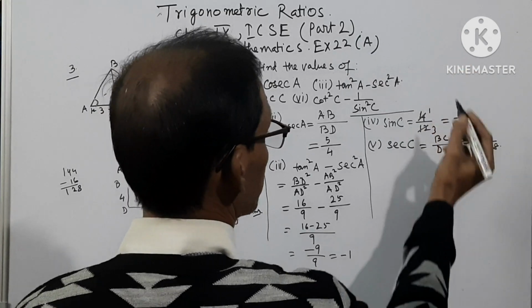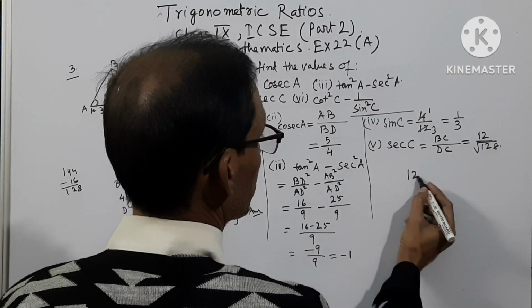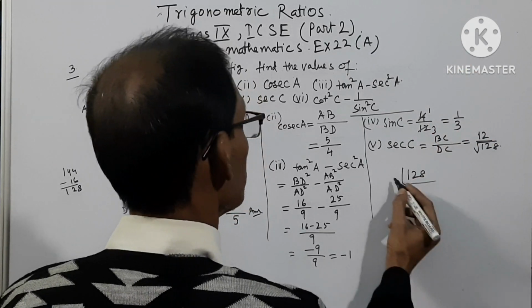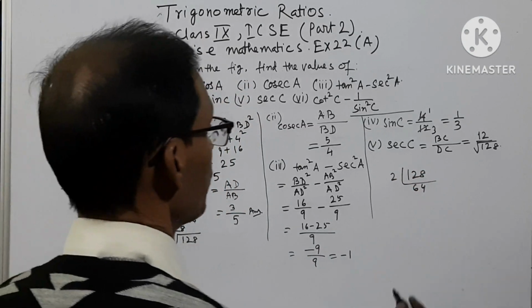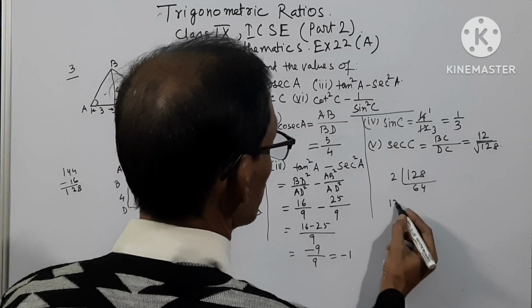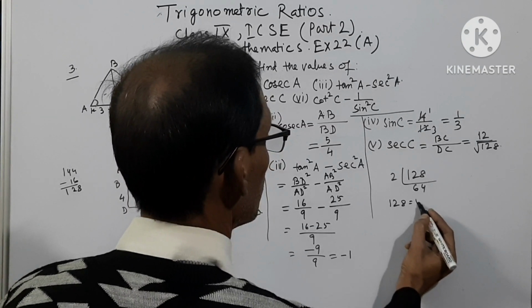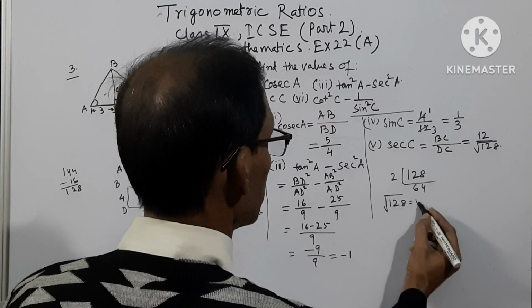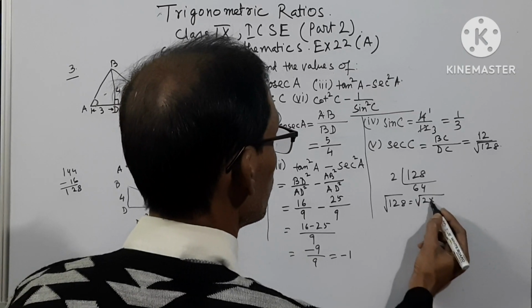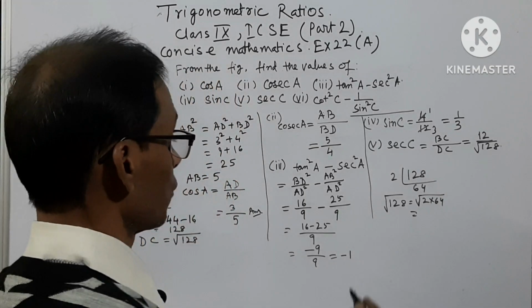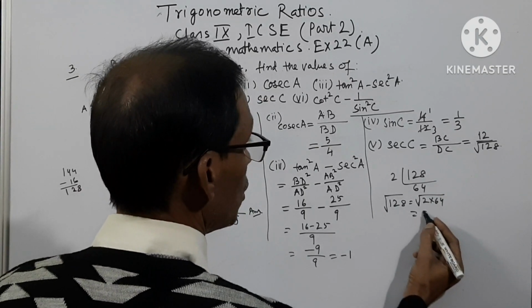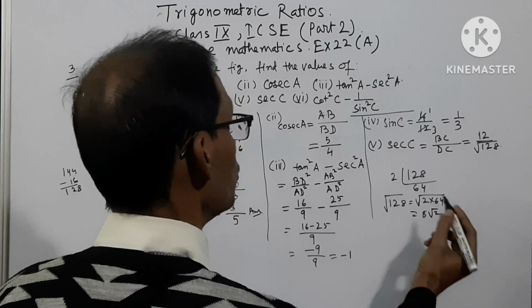If you can simplify 128, okay, 128 you can write root 128, you can write 2 into 64, and root 64, you know 8 is a 64, so it comes 8 root 2.